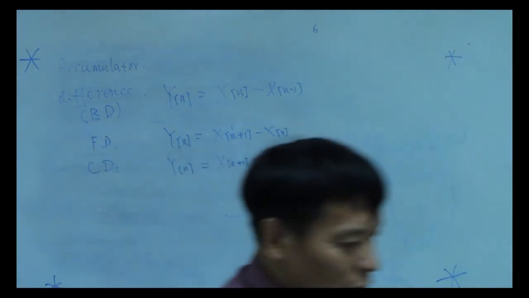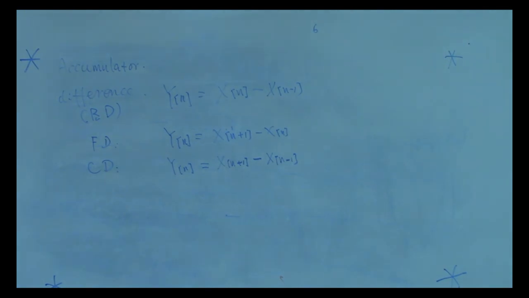So what you need to do is to study the linear property and the time invariant property for the discrete time system. Then next time we are going to discuss the output of LTI system for discrete time.